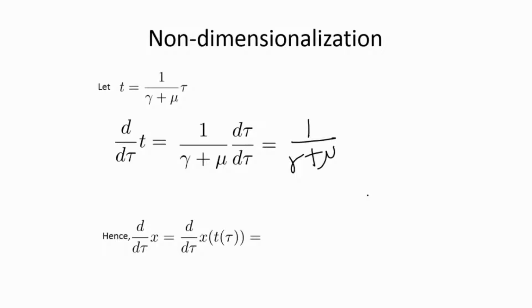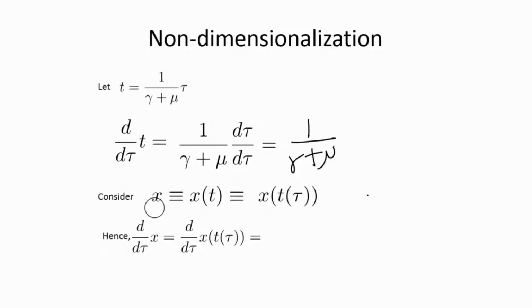Now, the state variable x is a function of t, but t is itself a function of tau. So we are making a relationship between the time variable t and the new time variable tau, and that relationship is due to multiplying by this constant, the infectious period.